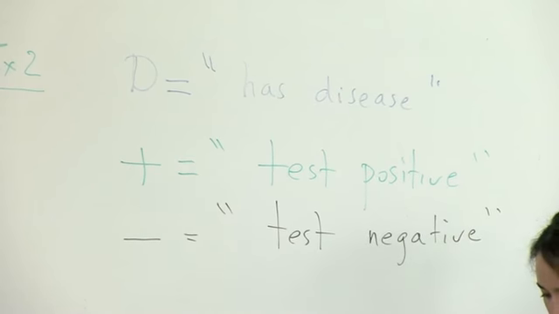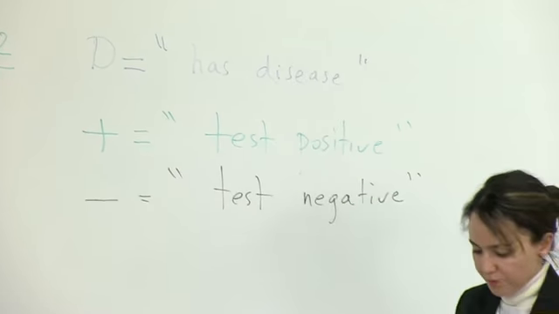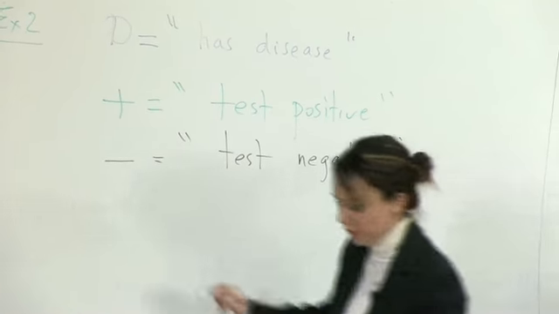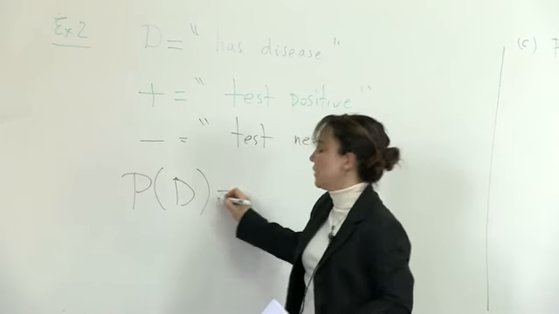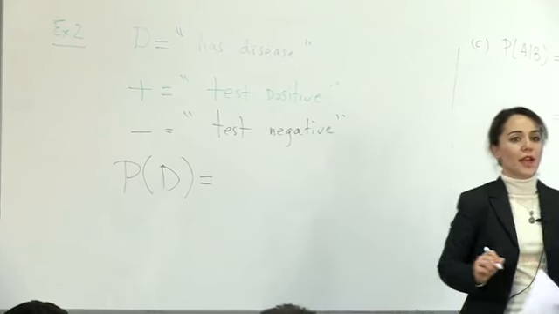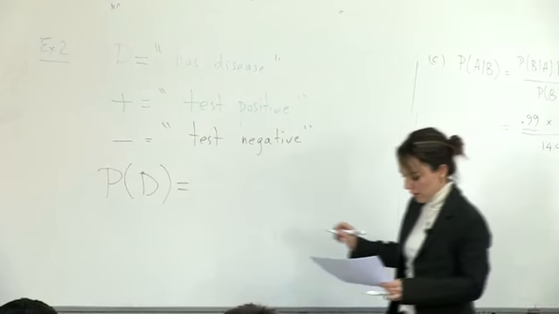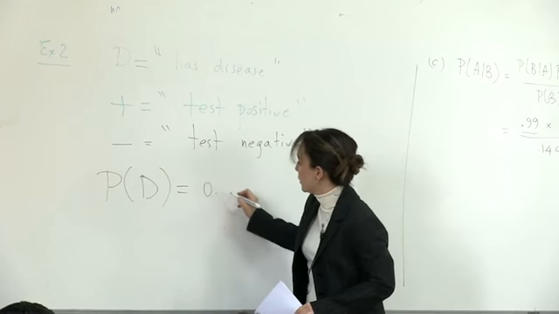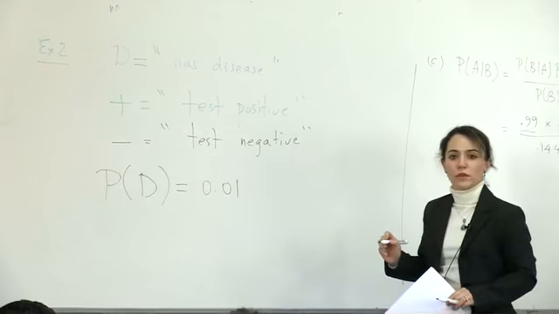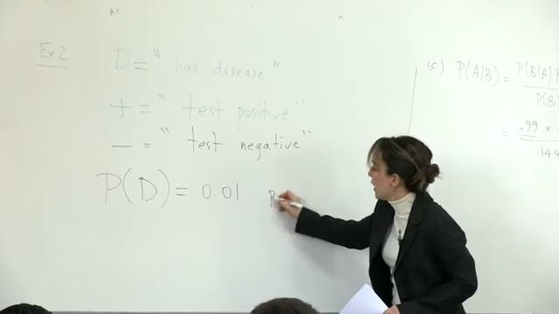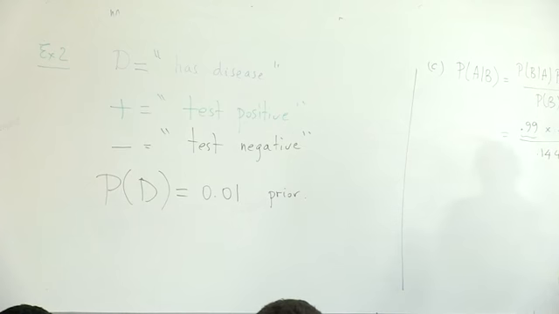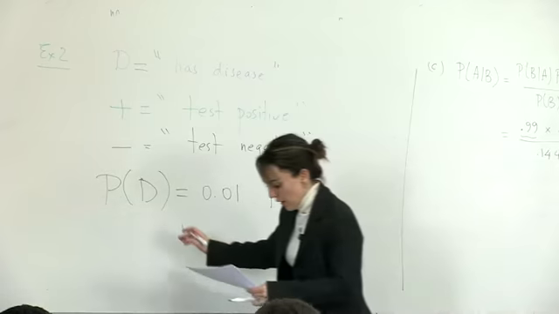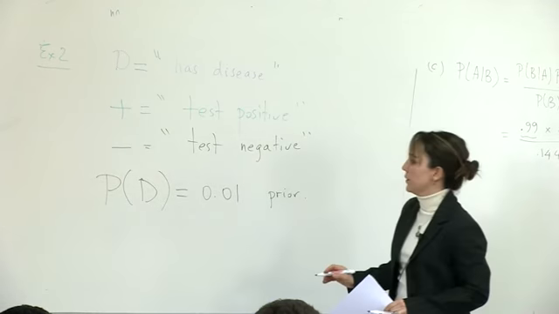Okay. So what are we given? We are given that the probability that a person randomly selected from the population has this disease is 0.01. This is the prior probability of having the disease prior to taking the test.